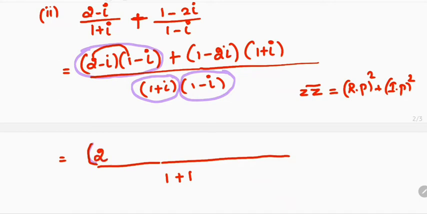Next, multiply the imaginary part of the first number with the imaginary part of the second number: minus 1 into minus 1 is 1. Not only that, you have to multiply the i also.